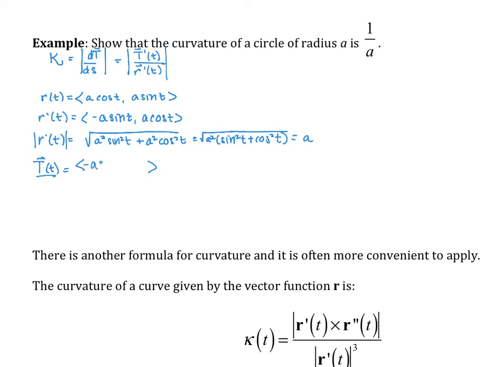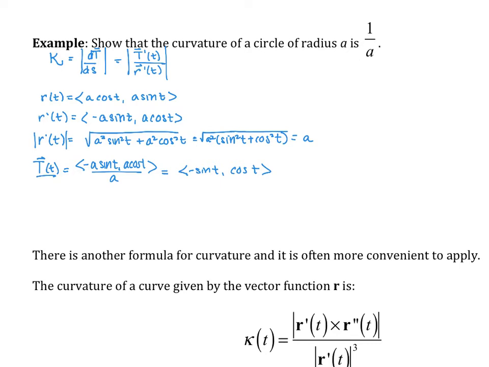So we get negative a sine of t, a cosine t, we already found that piece, over the magnitude of r prime of t, which is just a, we found above. So really, when we rewrite this, we get the vector negative sine t, cosine t. Okay, so there's my unit tangent vector.